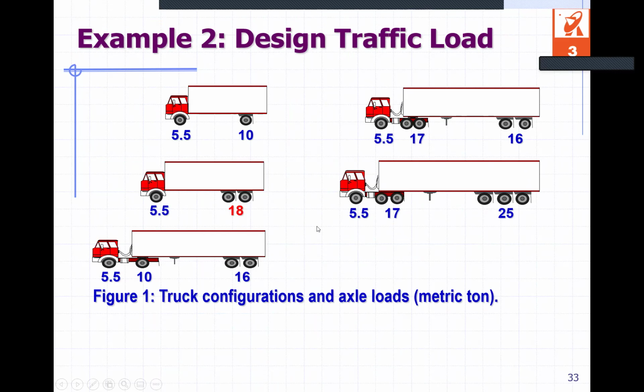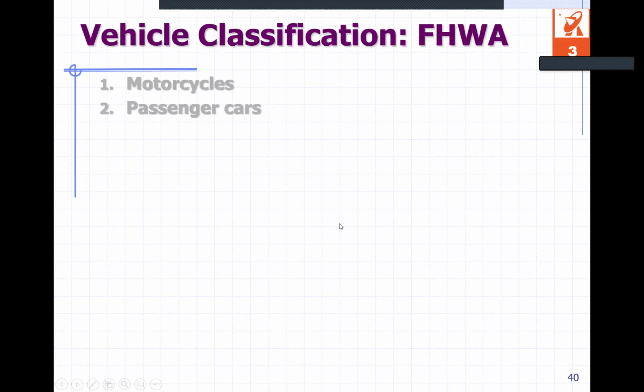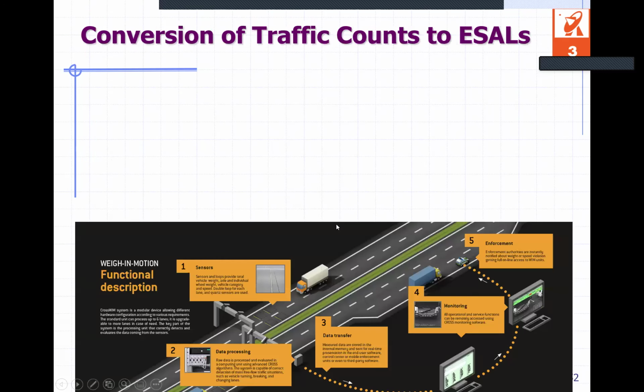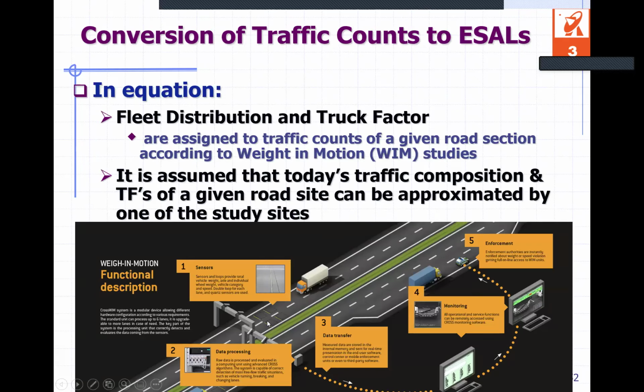So it's based on historical data, and that historical data gets collected by this type of device called weight in motion. They are very accurate, and they are embedded loops in the pavement. So the vehicle will just drive, they will not perceive it, but the weight is being estimated as they pass by.